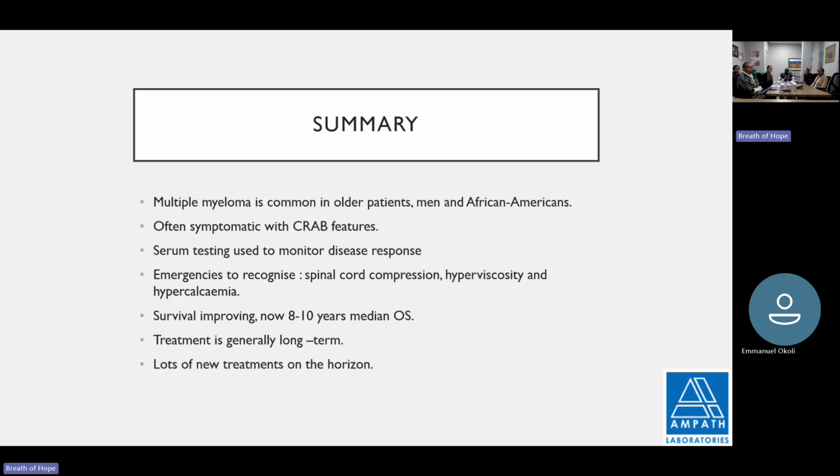There are also a lot of new monoclonal antibodies, CAR T cell treatment, as well as bispecific and trispecific monoclonal antibodies on the new horizon for treating multiple myeloma. So there is hope for these patients, and for us it's just to detect them early and to monitor them, not to miss them before they develop full-blown multiple myeloma.